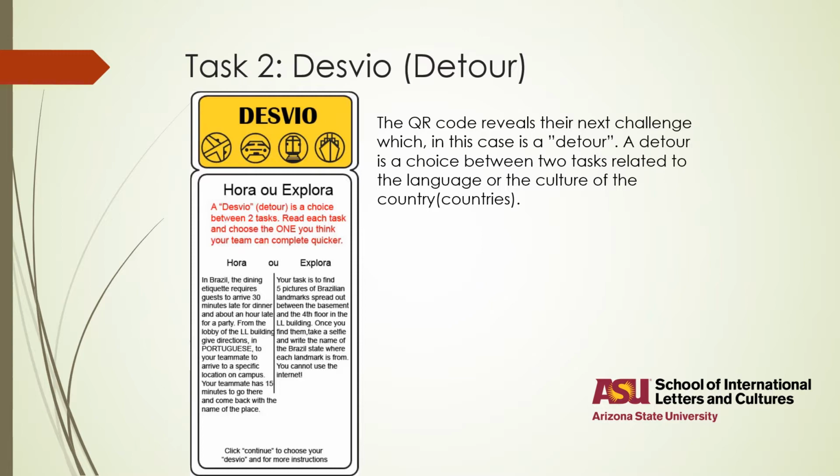And once the teammate finds the place, they would come back and write down the name of the place and if they found the right place. In Explorer, they would look for five Portuguese landmarks on the campus and take pictures of those places and identify them with their names.